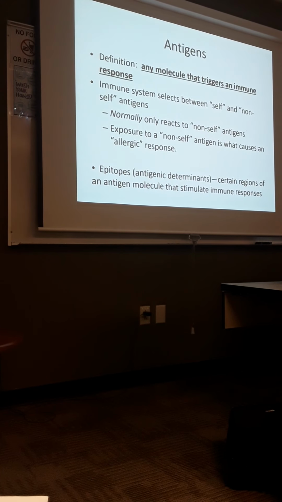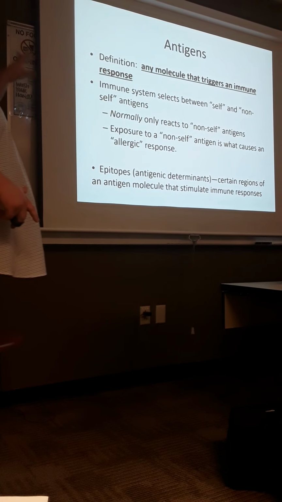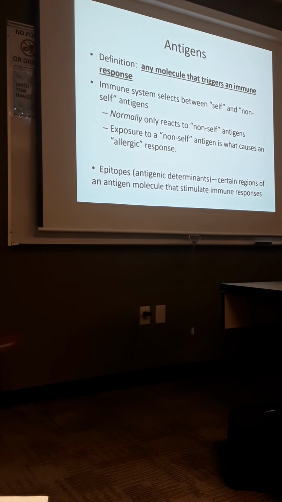So, we talked about antigens before. We talked about blood typing, and about A, B, and D antigens. Remember we said that all cells have antigens, even bacterial cells. They're markers that can tell the immune system whether somebody belongs in the body or not.